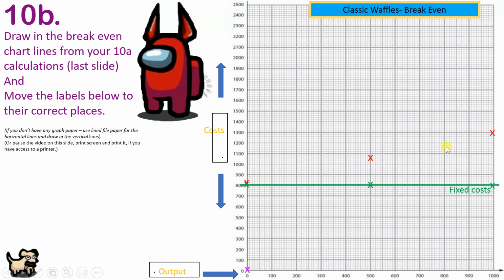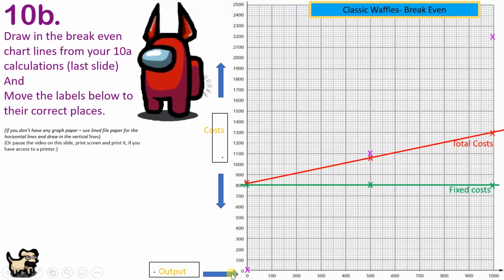Here are the total costs mapped onto the chart. We're looking at the 500 waffle sales. We're looking at putting in 1,050, and for 1,000 waffles we're looking at putting in 1,300, giving you a total cost line looking like this.